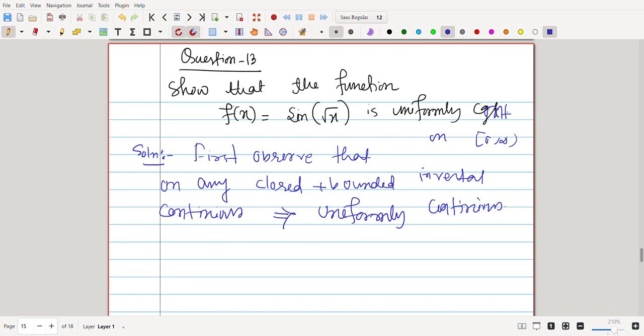That means sin root x is continuous on 0 to infinity. That is no doubt, right? That is by definition, composition of two continuous functions.